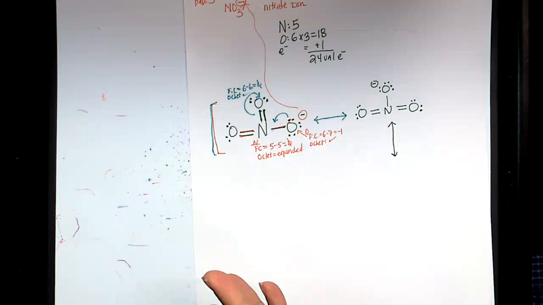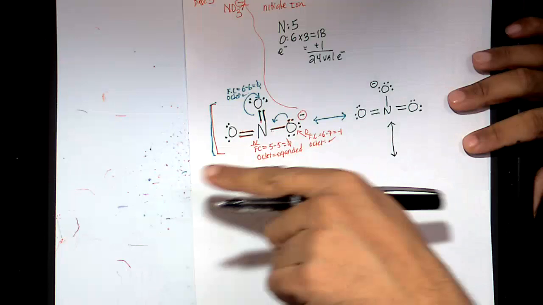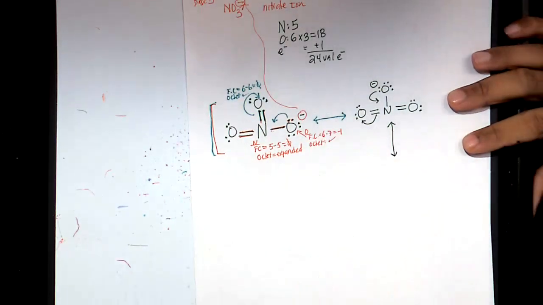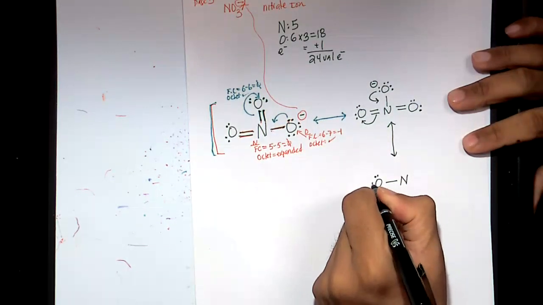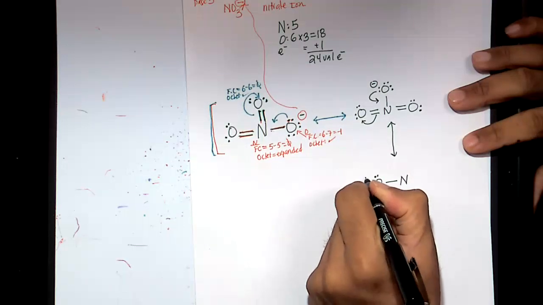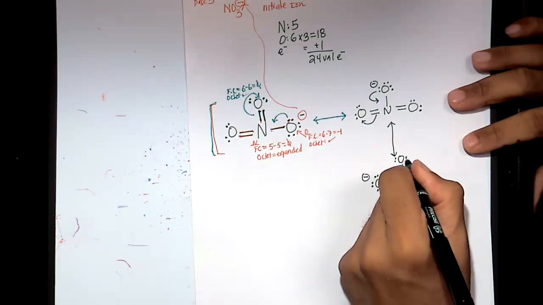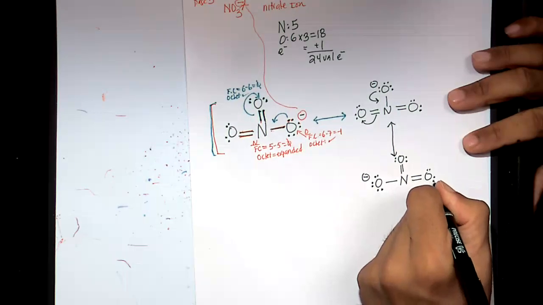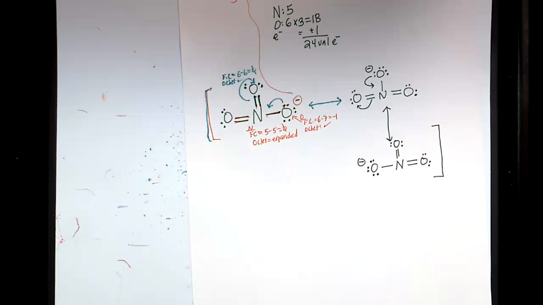If I tell you to draw resonance structures, the bracket and the back and forth arrow, single bond on the left. And those are the 3 resonance structures of the nitrate ion.